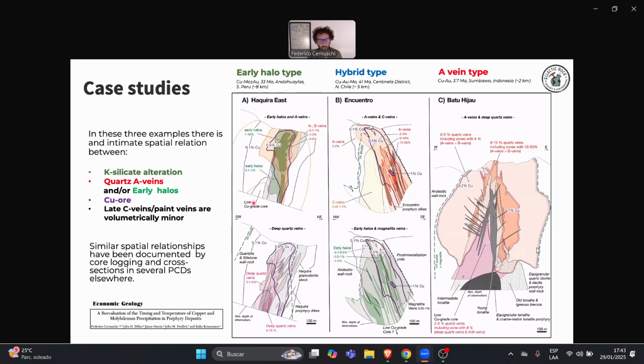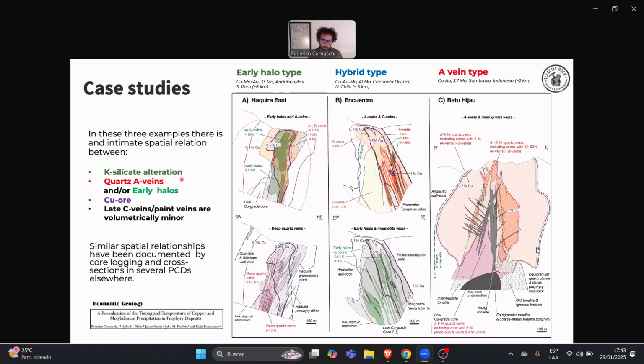And what we see in these deposits, which have been extensively logged from the perspective of looking at vein types, cross-cutting relationships, and the distribution of these veins in space, is that there is an intimate relationship between potassic alteration, the abundance of quartz A veins in particular, or early halos, or both, and the copper ore. And the veins that are unambiguously C veins are volumetrically minor in the systems.